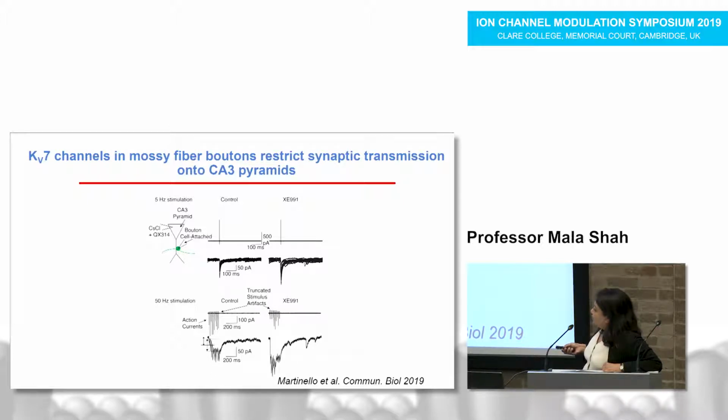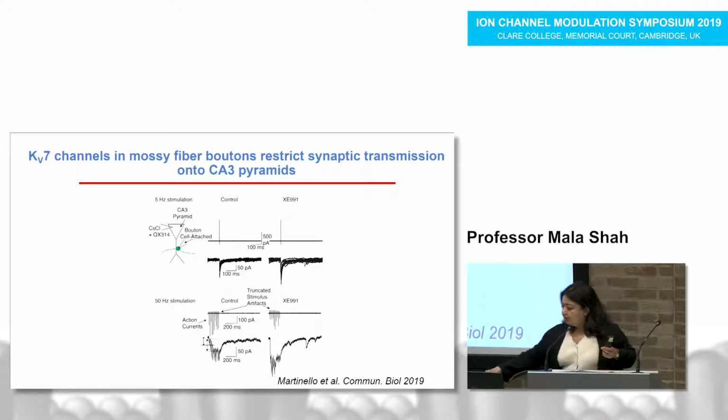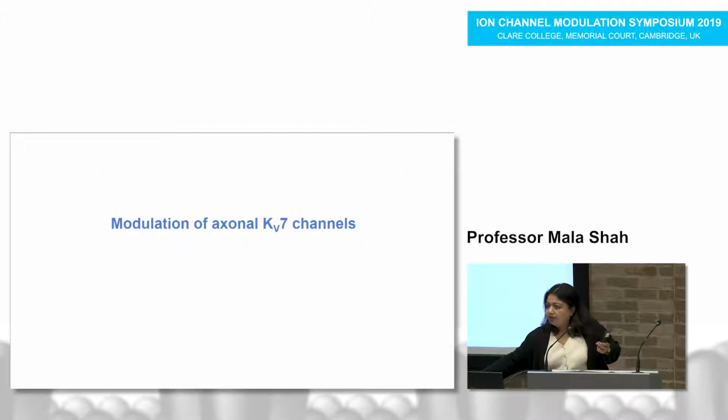The first EPSC is much larger, and so the second EPSC is smaller, and that's why the PPR is reduced. So this suggests that in the boutons, the Kv7 current is actually reducing synaptic release.